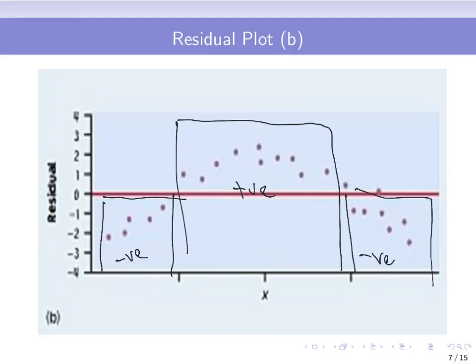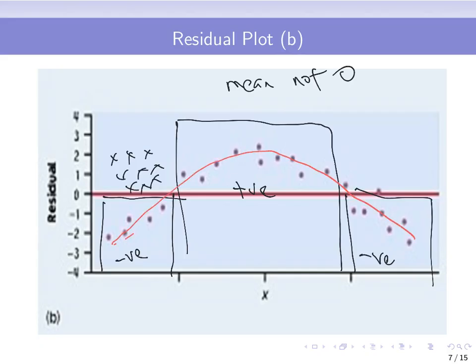So if you look at each of these subregions, if you had residuals that were looking like this, then the average is 0, but that's not the case. So here we see the mean is not 0. The other thing we notice is this curve pattern, which we don't want to see.